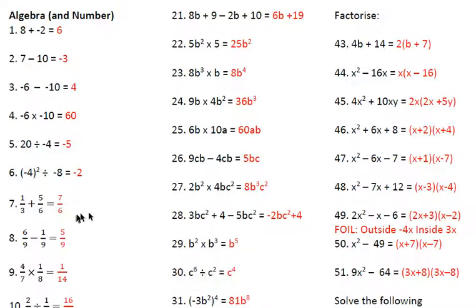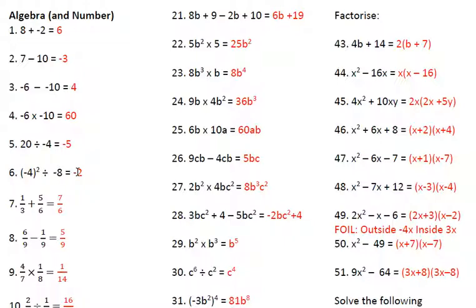Maybe I'll just show you number 6 here, negative 4 squared, so it's negative 4 times negative 4, and the two negatives cancel out to give you positive 16, divided by negative 8. So you've got another negative there.